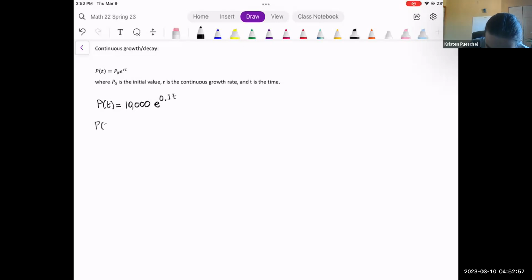And we can see after 30 years, this is 10,000 e to the 0.1 times 30, or 10,000 e to the 3.